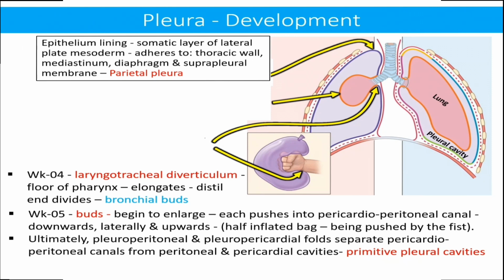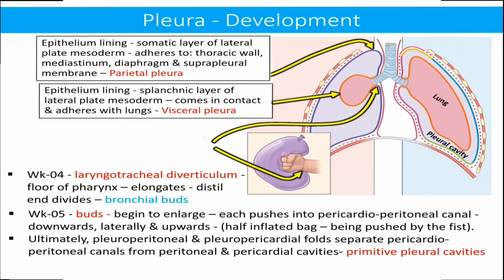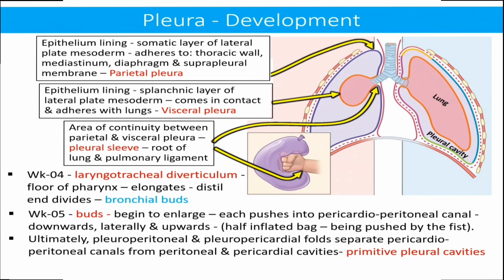The epithelial lining somatic layer of lateral plate mesoderm adheres to the thoracic wall and becomes parietal pleura, whereas the epithelial lining splanchnic layer of lateral plate mesoderm comes in contact and adheres with the lungs and becomes visceral pleura.